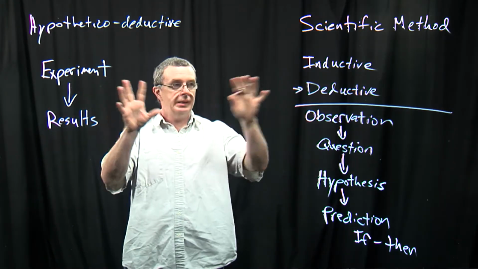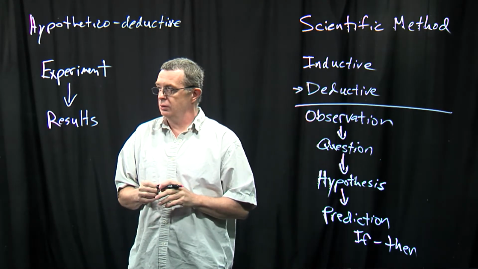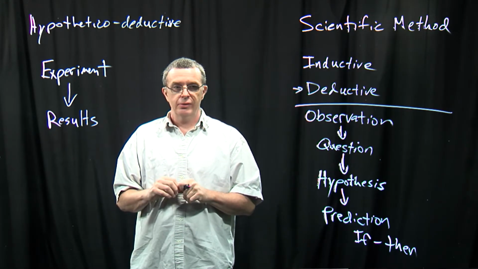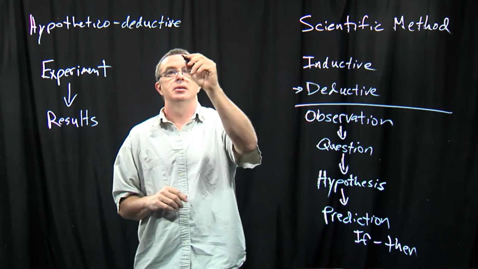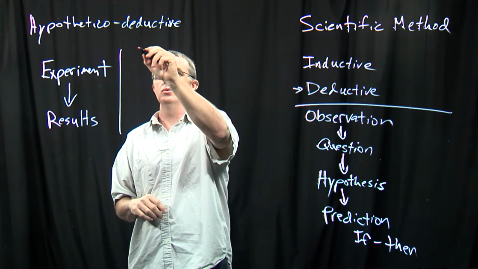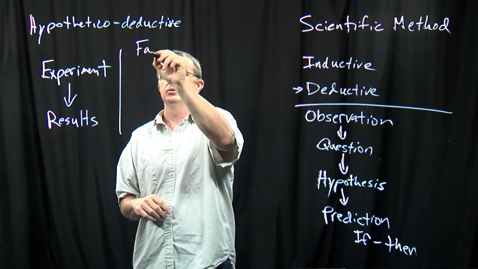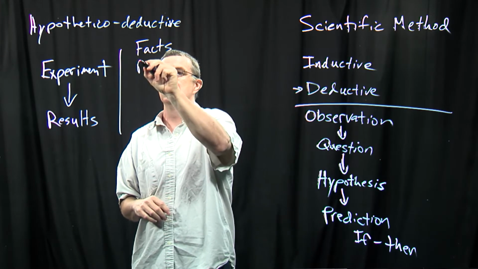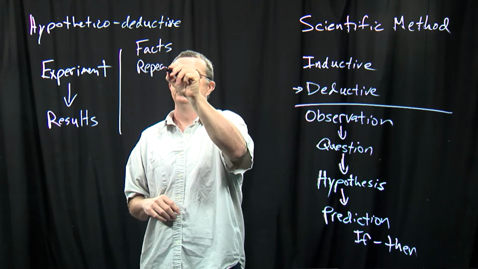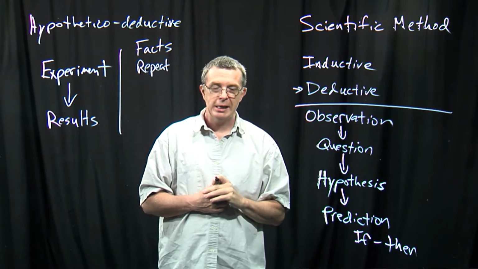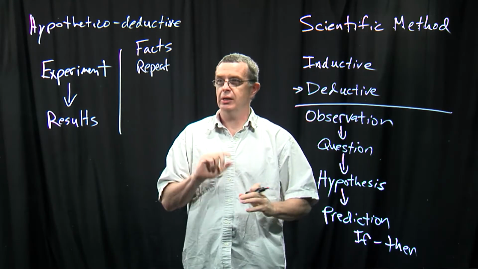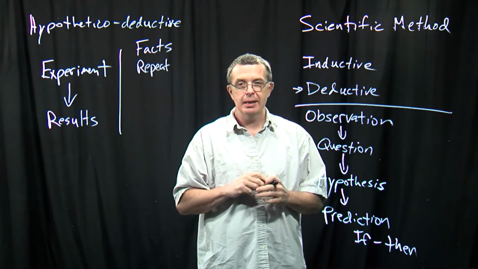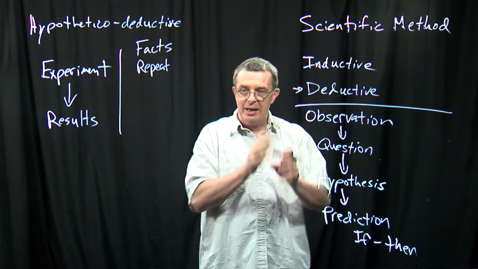All right, so this is one way of thinking about the world, and in order for this to work, science is going to have to use facts and be repeatable. We can't just see something and never be able to see that again and have that be science.